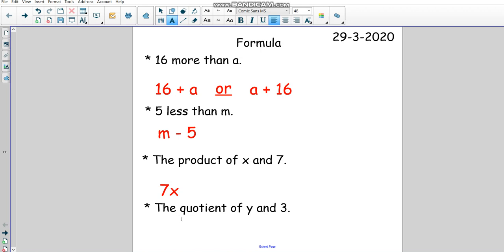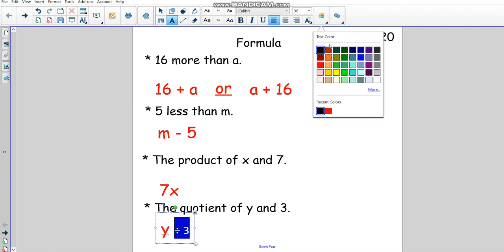But actually, we use in algebra the fraction form. That means I need the quotient of y and 3, as if I'm dividing y by 3. This is the quotient of y and 3.